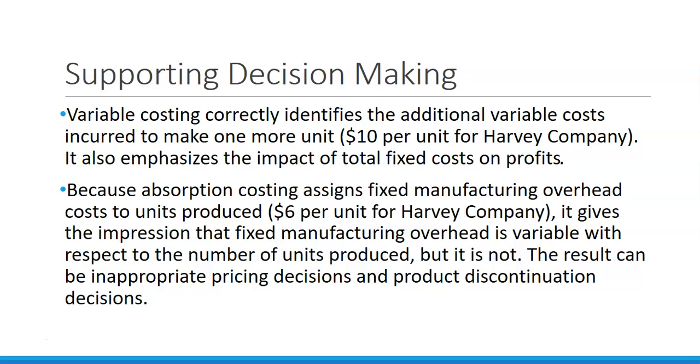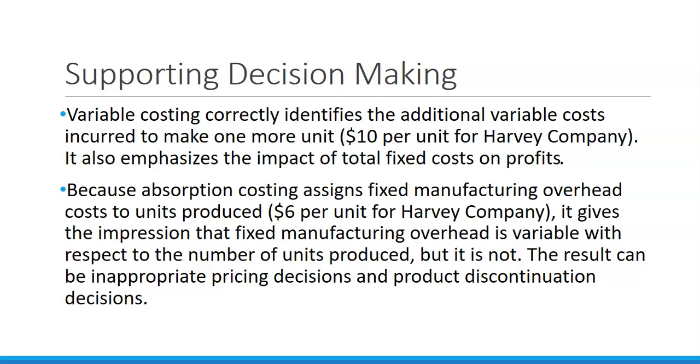Variable costing also helps us make decisions because we emphasize the impact of total fixed costs on profits. And absorption costing gives the impression that fixed manufacturing overhead is variable with respect to the number of units produced, but it's not.